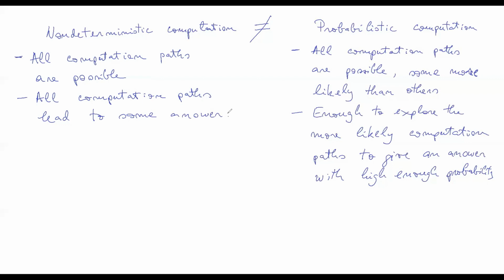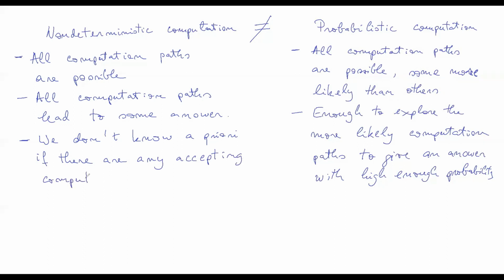And we don't know a priori if there are any accepting computations. And that's the big problem with this model, because we don't know a priori. We have to explore all of them. So we don't know if there are any accepting computations. So that means that we must explore all of them.